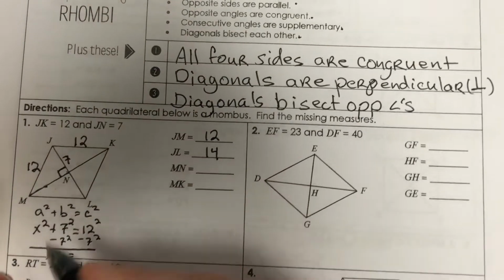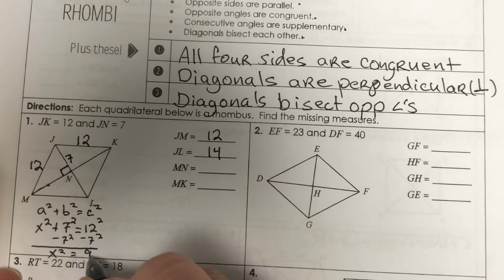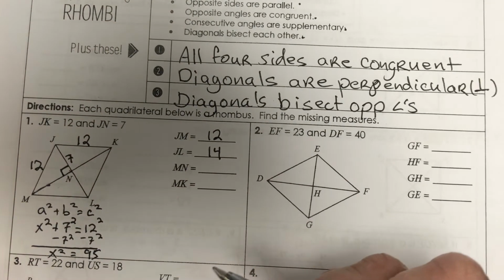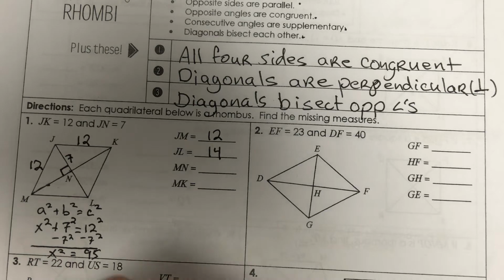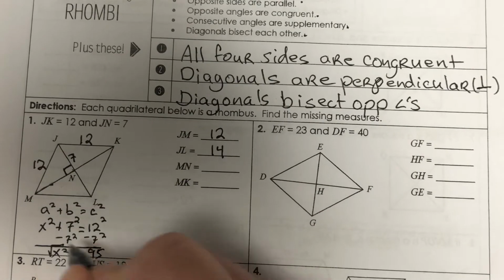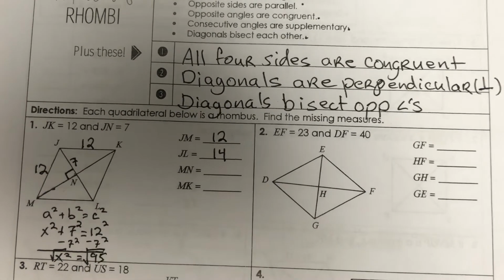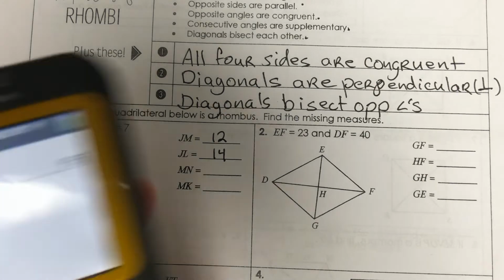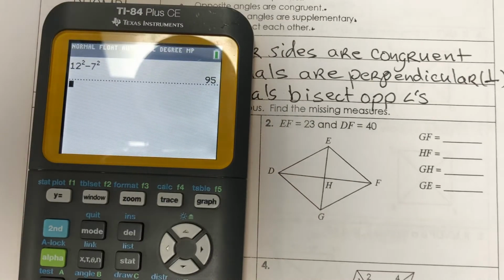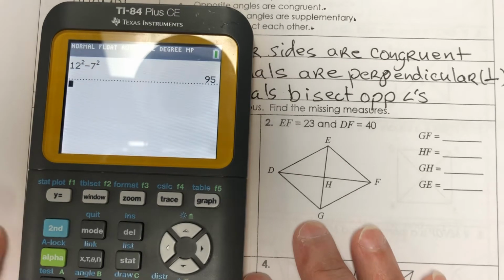So x squared is equal to 95, but I don't want x squared. I want x. To undo the square, we do the inverse of squaring. So I take the square root of both sides. So on my calculator, I have to take the square root of 95.